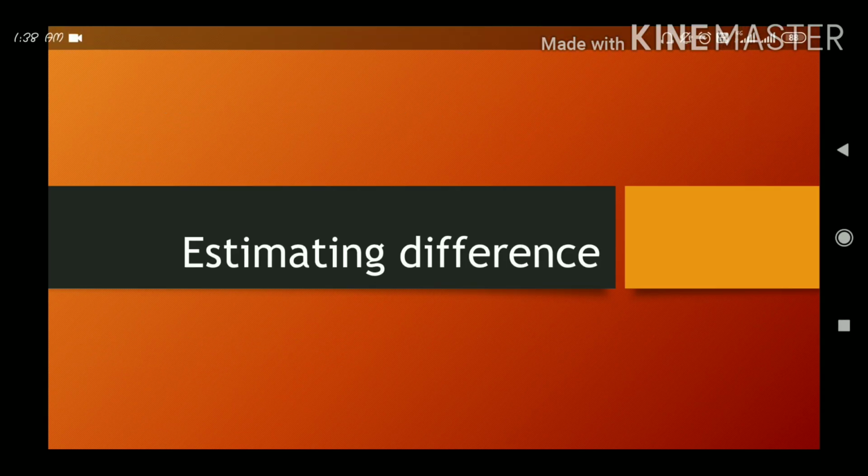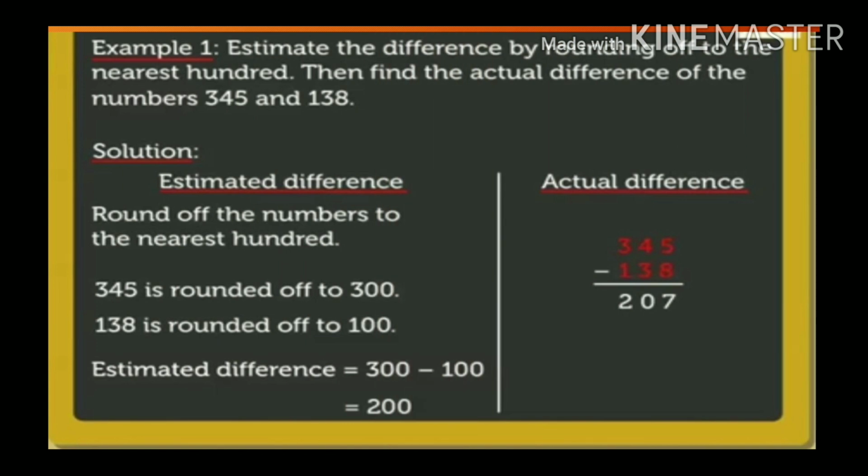Now let's see estimating difference. Example 1. Estimate the difference by rounding off to the nearest 100. Then find the actual difference of the numbers 345 and 138.